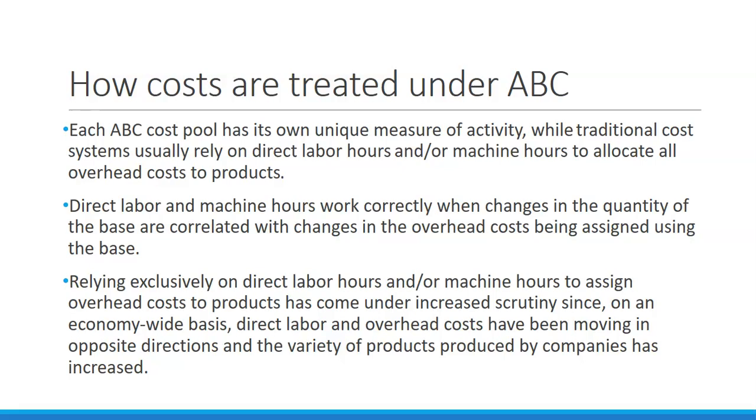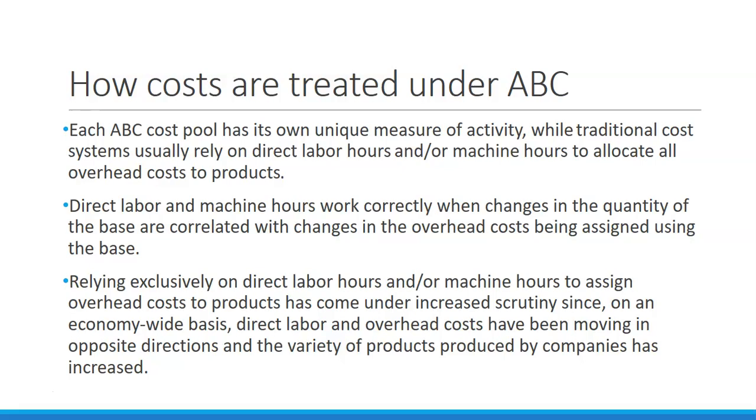Traditional costing systems generally rely on either direct labor hours or machine hours to allocate all overhead to products. Our direct labor and machine hours aren't always the best base because they're very quantity based.